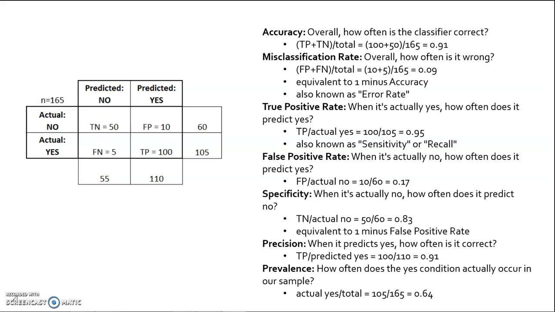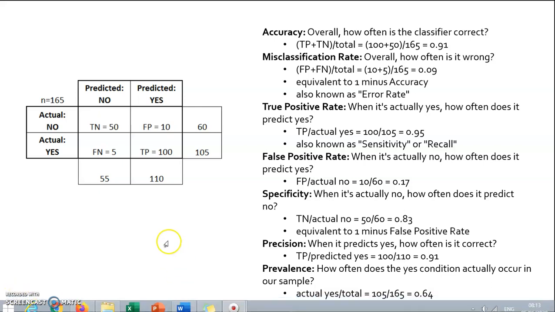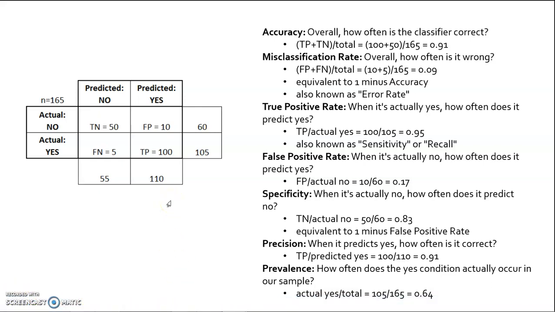This is like good decisions. But with specificity, it is the negatives that we are interested in. In sensitivity, we are interested in knowing about the positives that we have correctly predicted. Specificity can also be calculated by doing 1 minus the false positive rate. It is the complement of it.